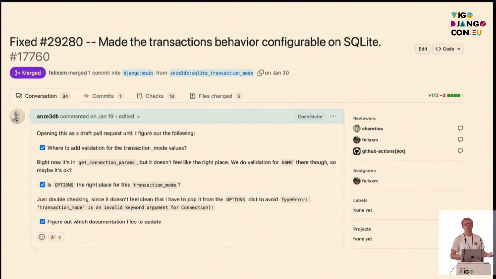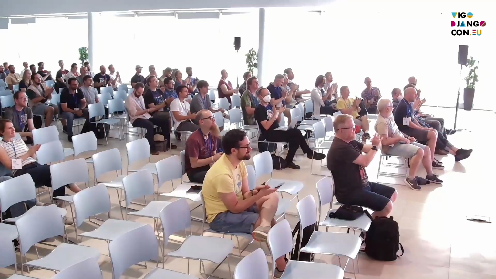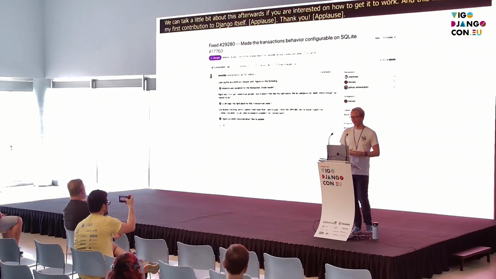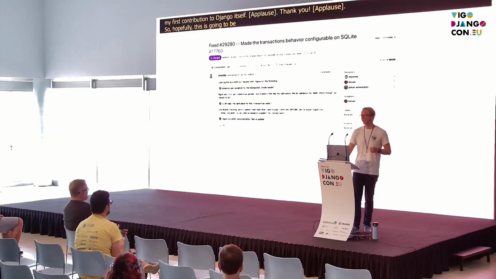And this was actually my first contribution to Django itself, so thank you. So hopefully this is going to be the first of many. I was really excited to get this change merged into Django itself.